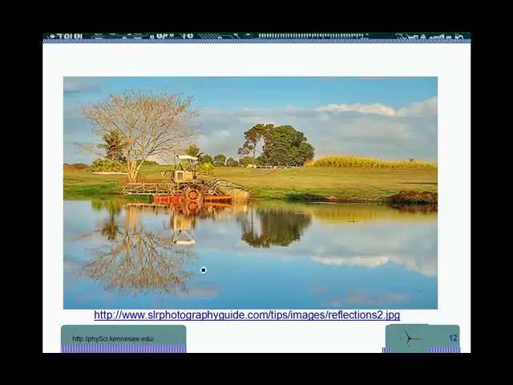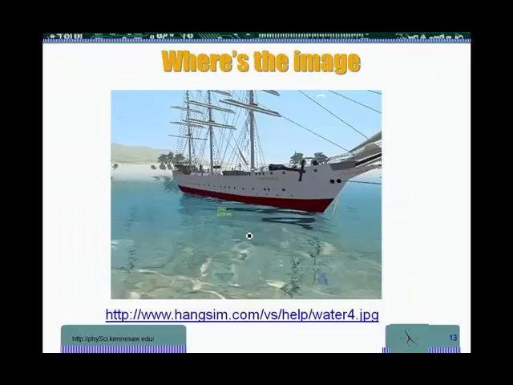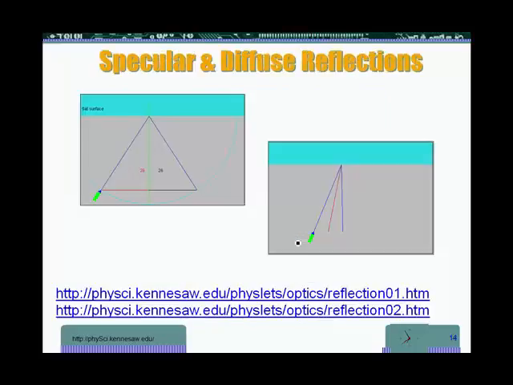Where the water is clear and not wavy, it's a very clear reflection. Same here, we don't see the boat because the water is wavy here. We don't see the reflection because of that. Does the light reflect? Of course it has to, but we don't see it because it's not all reflected in the same direction.